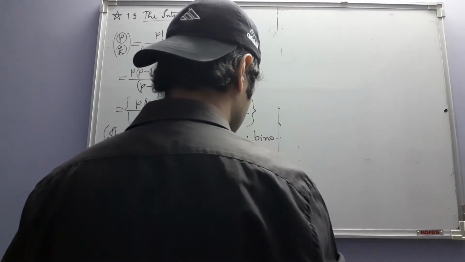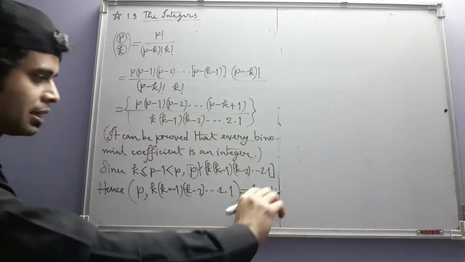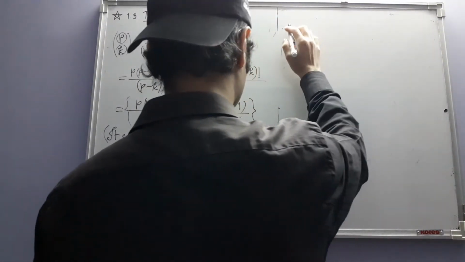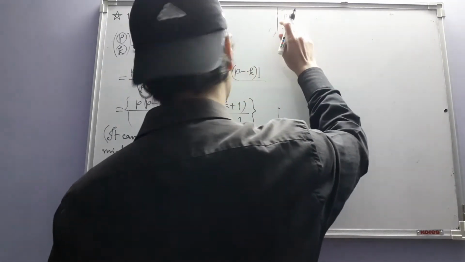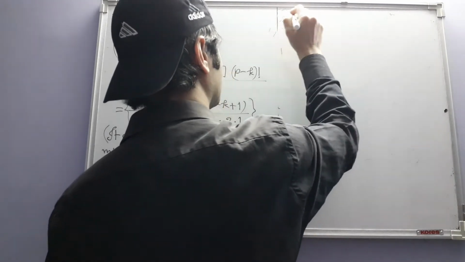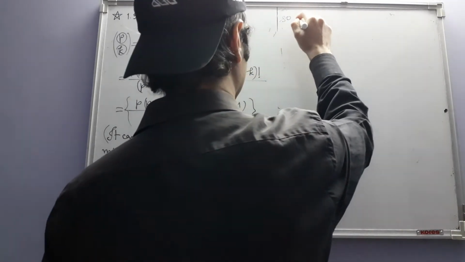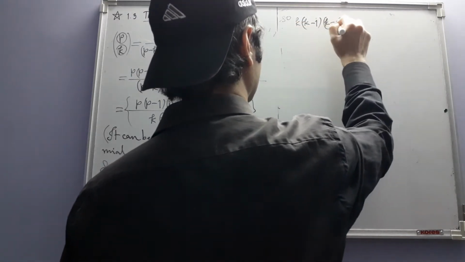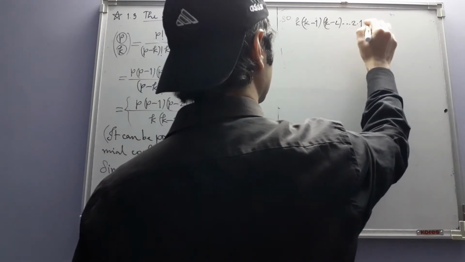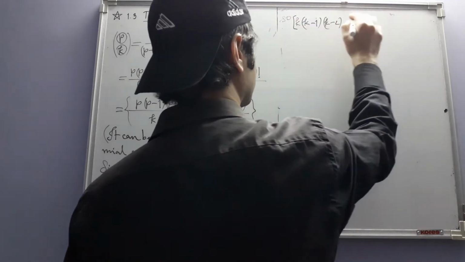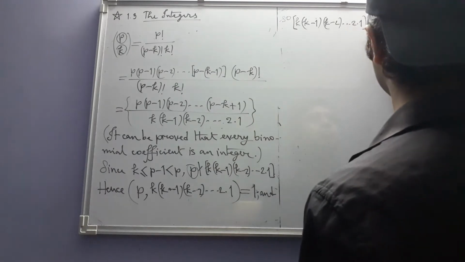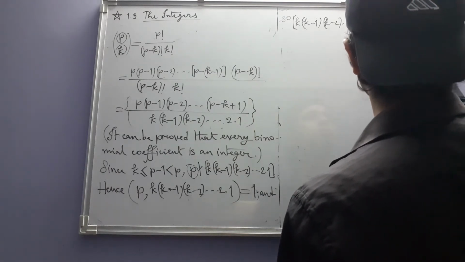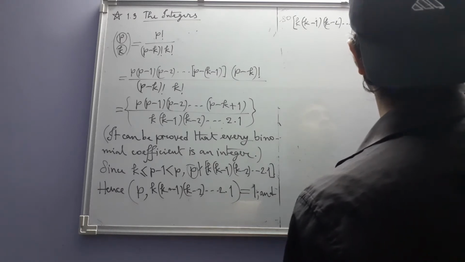And so, if I want, I can give reference to those exercises, but you get the point from where I am getting these things. And hence, this divides p minus 1, p minus 2, to p minus k plus 1.